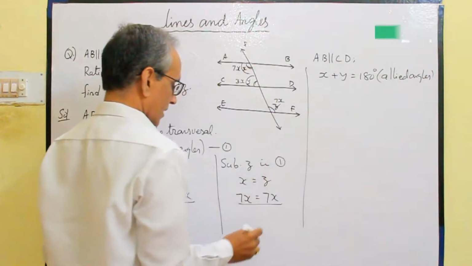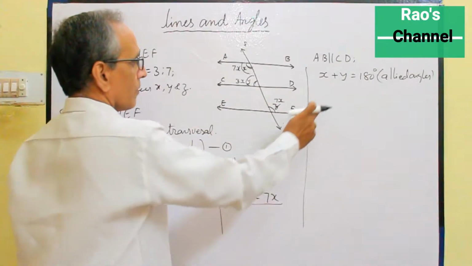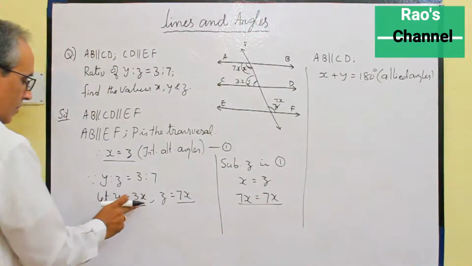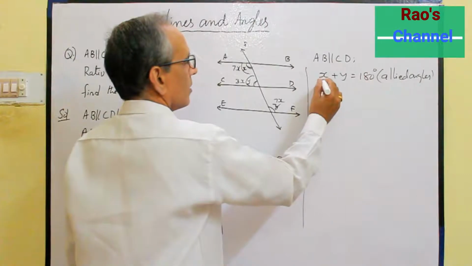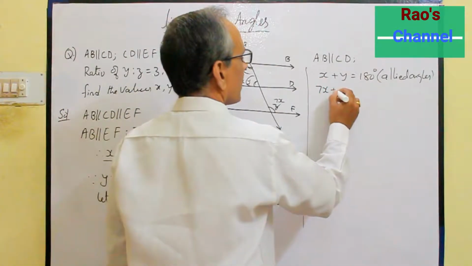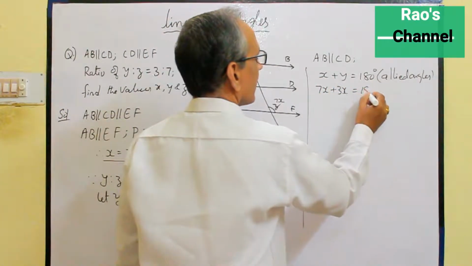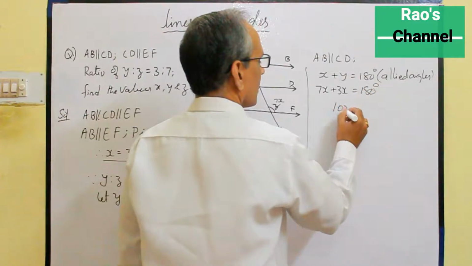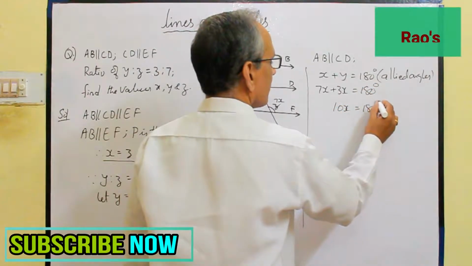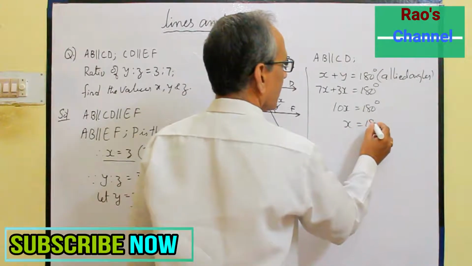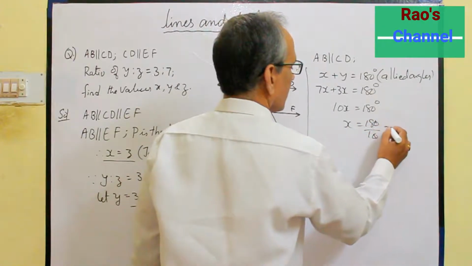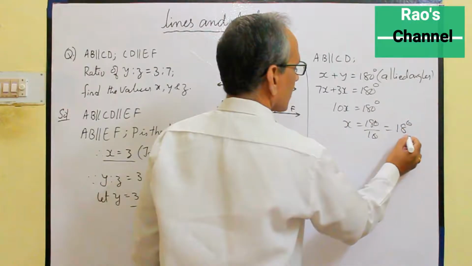So what is X? 7x. What is Y? 3x. So 7x plus 3x is equal to 180. 10x is equal to 180 degrees and x is equal to 180 by 10, which is 18 degrees.